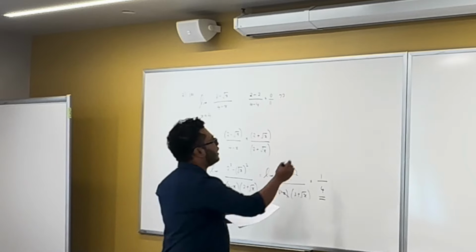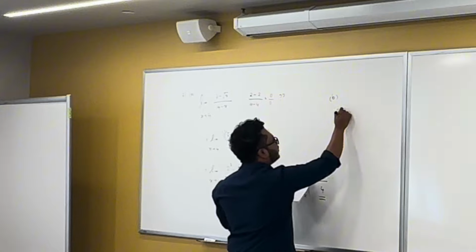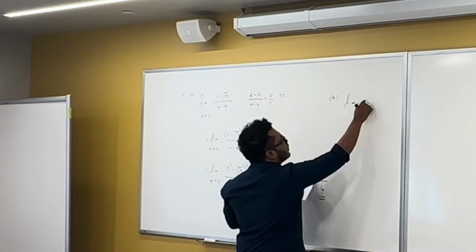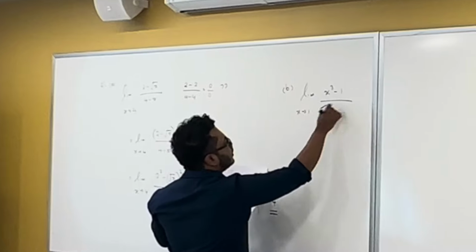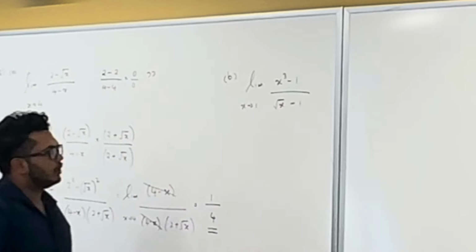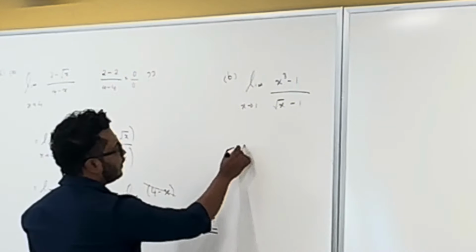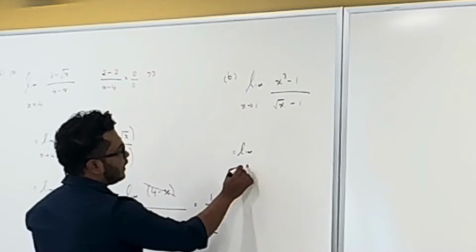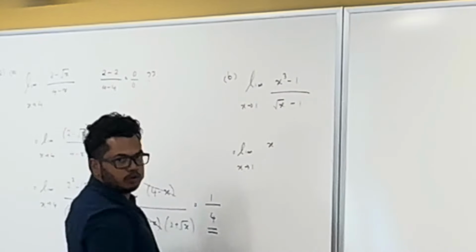Right. Similarly, part B. So this is all question here. You can use the same technique. Okay. X cubed minus 1 when x goes to 1, over square root of x minus 1. Here also you can take square root, because if you plug 1, it's like 0 over 0 again.